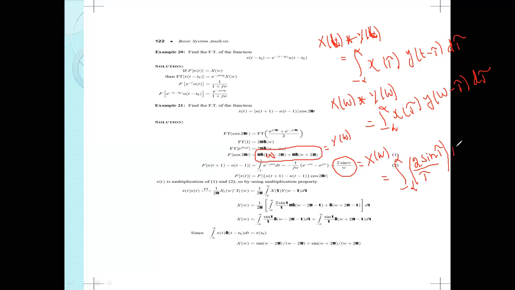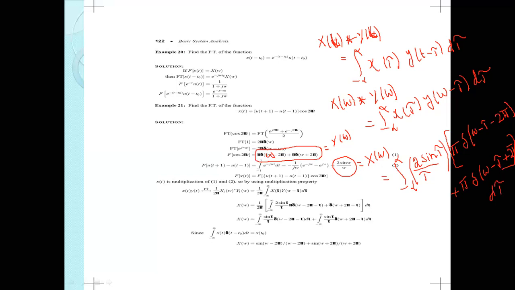So it becomes pi into delta of omega minus tau minus 2 pi, whole multiplied, plus pi into delta of omega minus tau plus 2 pi, whole multiplied, and d tau.